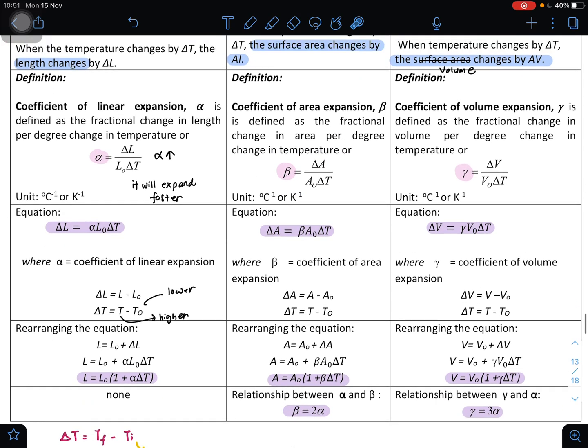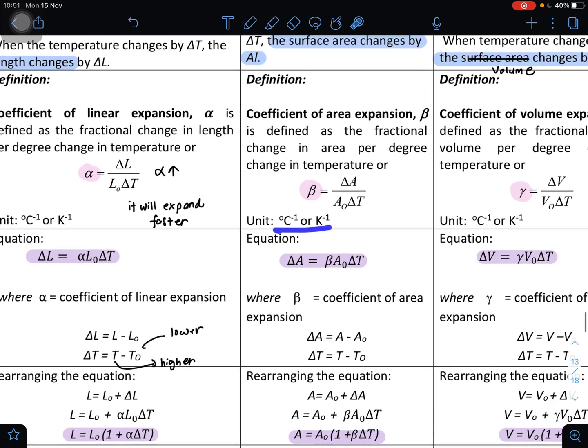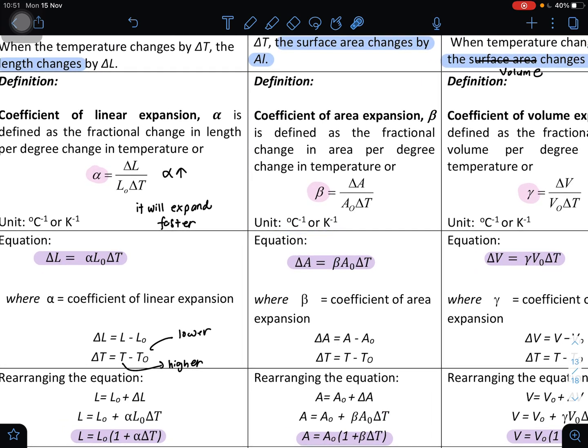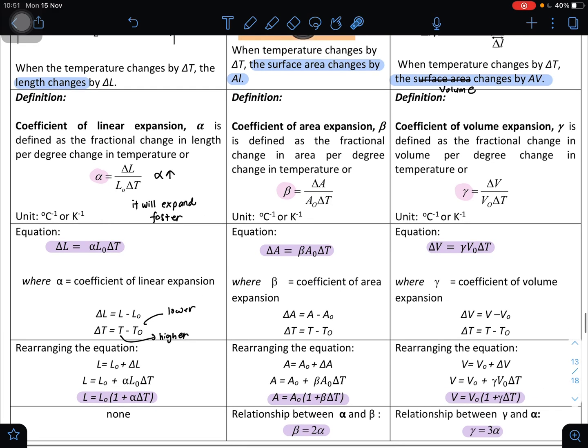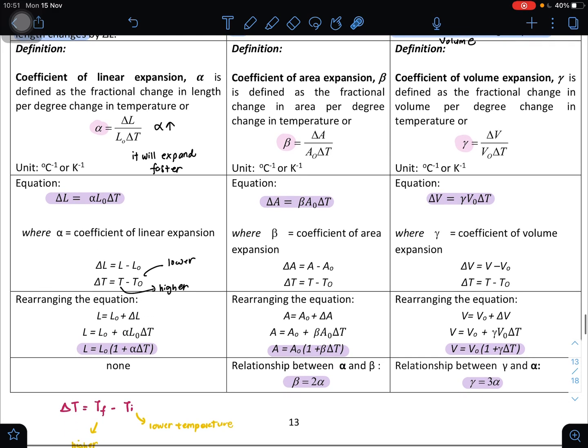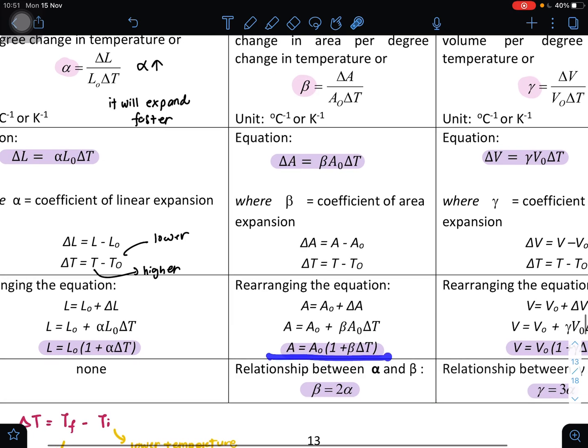And the unit is also the same. And the equation here is delta A is equal to beta A0 delta T. It's the same thing, where delta A is the change in area, final area minus initial area. And then when we rearrange the equation, we will get this equation.